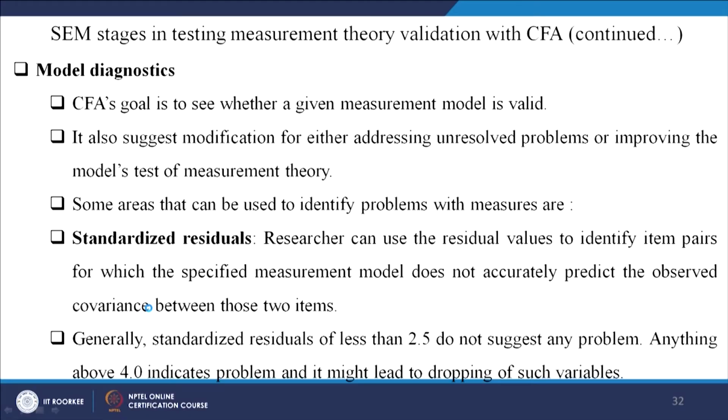If it is no, then you will say that it is not proving nomological validity. Did you understand? That means whatever we are assuming while developing the model should fall in line with the theory that it has been based on, right. If yes, that means our calculated value is falling in line, then it is fine, otherwise it is a no. Okay. Then we talk about the model diagnostics, right.